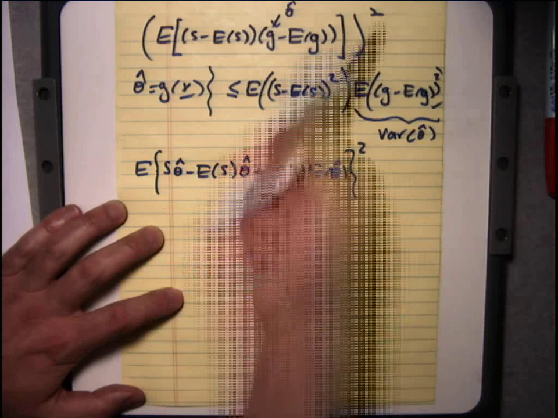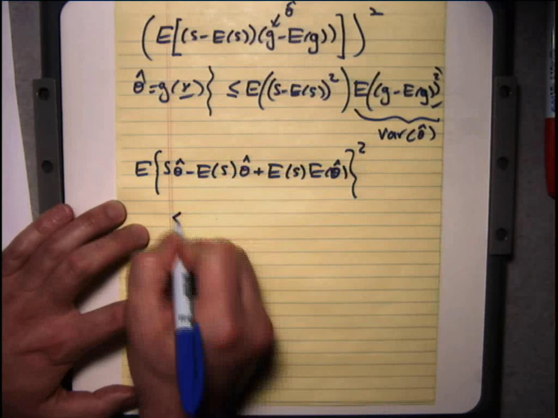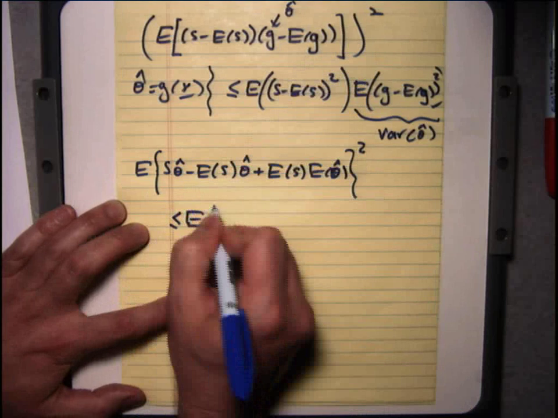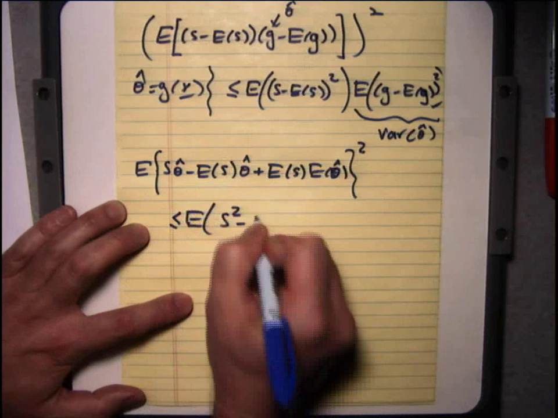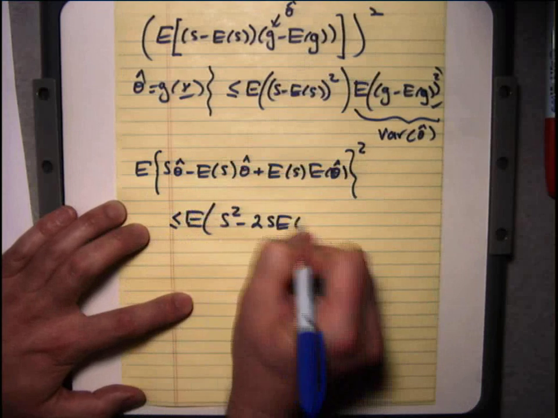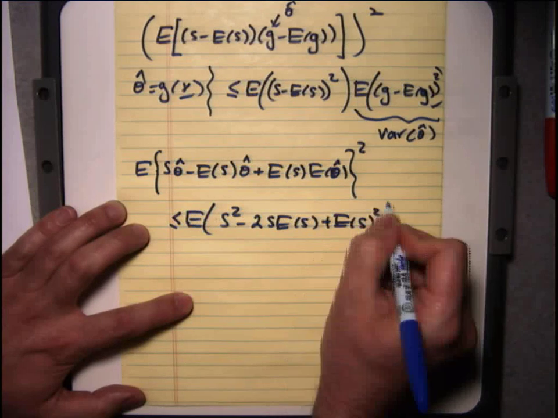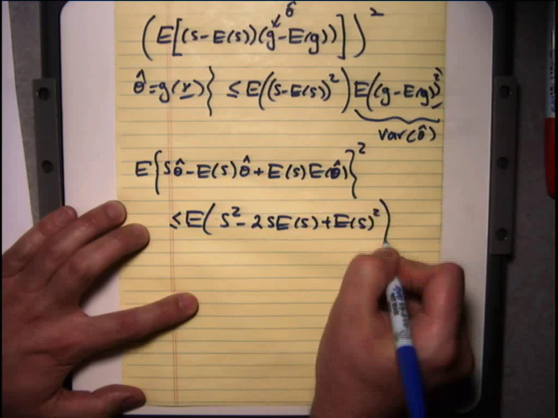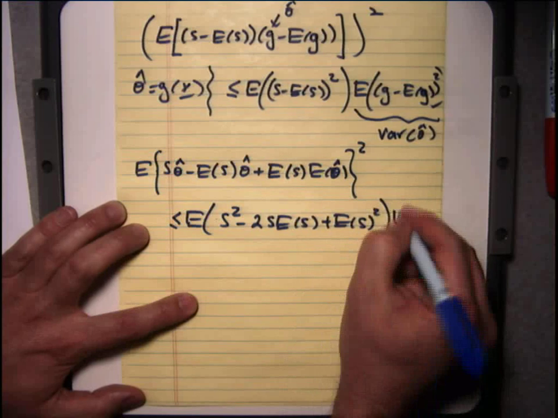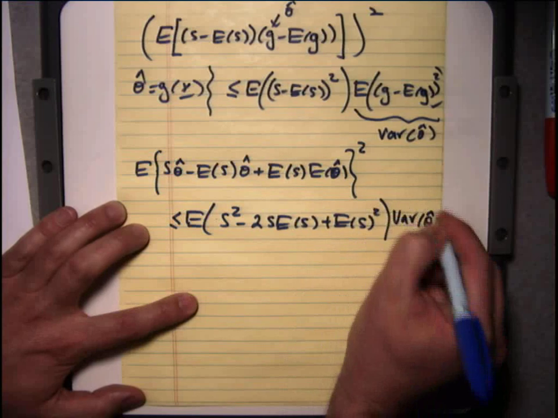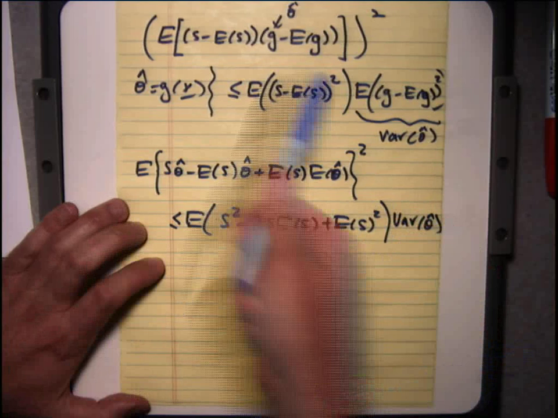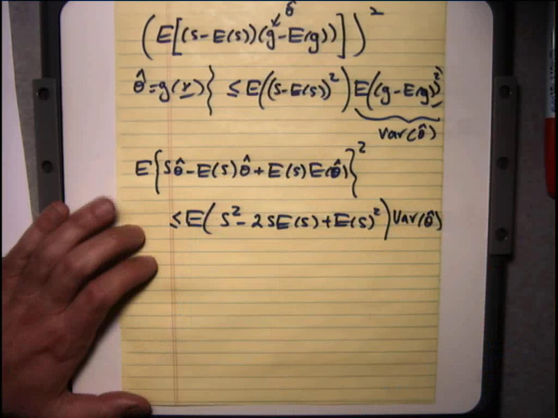This is expanding this guy. This is less than or equal to the expected value of s squared minus 2s e of s plus the expected value of s squared, times the variance of theta hat. I just expanded this guy here.